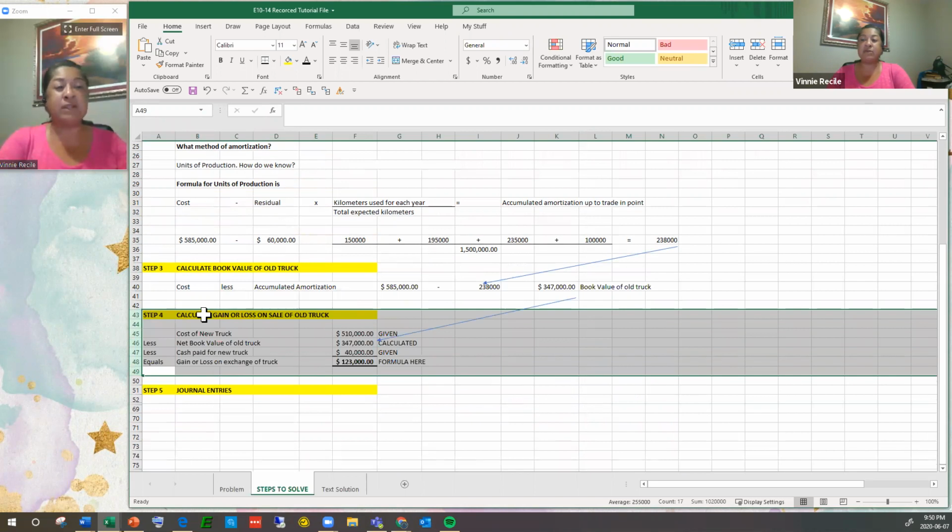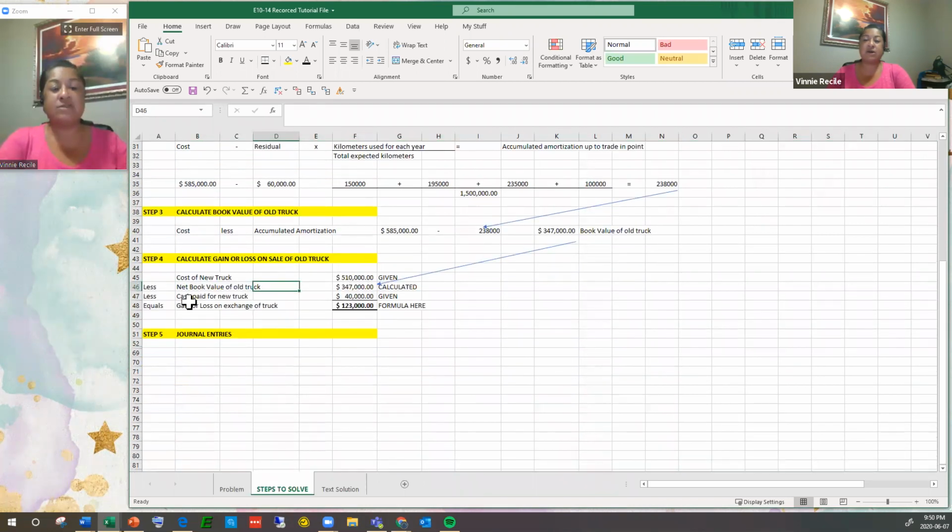The making money or losing money on the transaction here is referred to as a gain or loss on the sale of the old truck. So how are we calculating that? We have the cost of the new truck at $510,000 minus the net book value of the old truck, which is the $347,000, which was calculated just above.